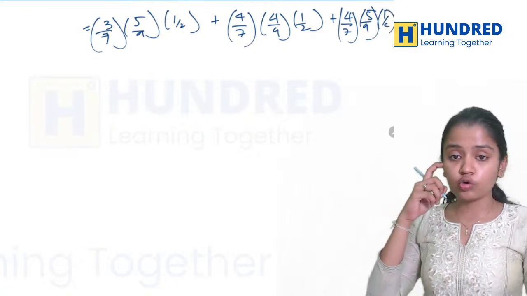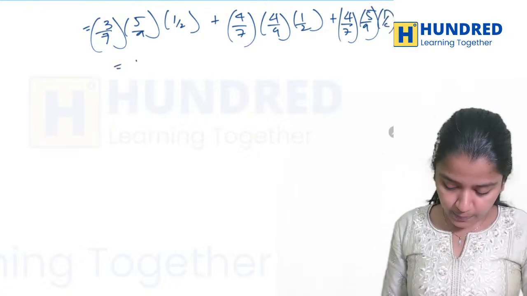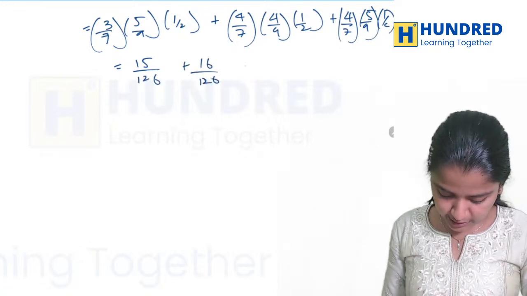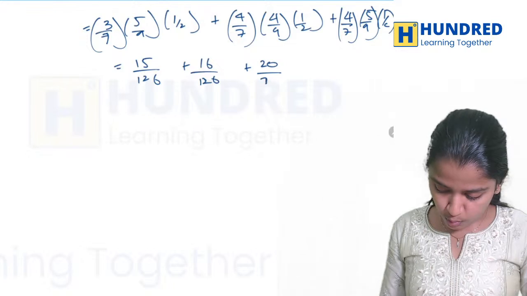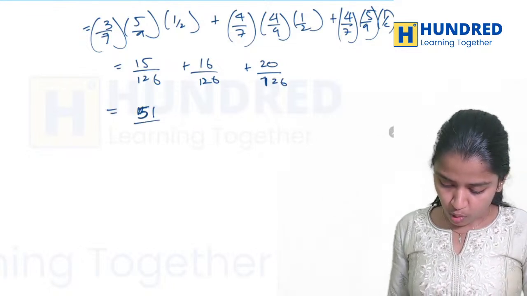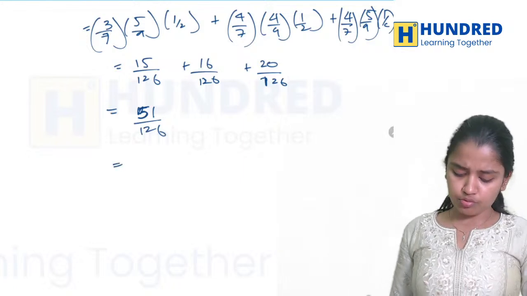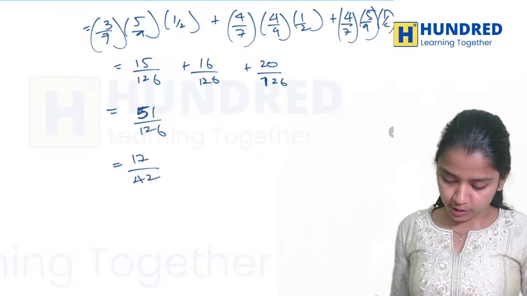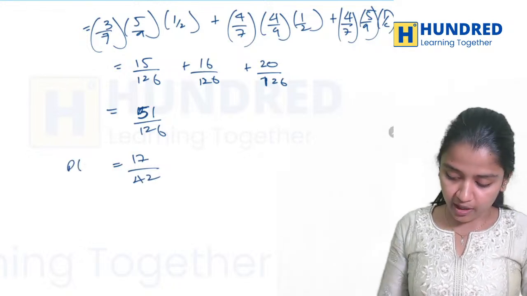So இந்த மாதிரி you'll be writing. So இது further பண்ணா 15/126 plus 16/126 plus 20/126 அப்படின்னு வரும், which is nothing but 51/126 வரும். So you can use the 3 table. So it is nothing but 17/42. So this is my required probability.